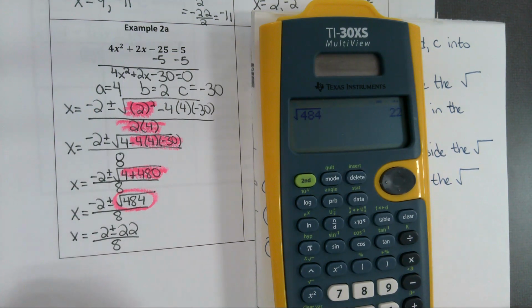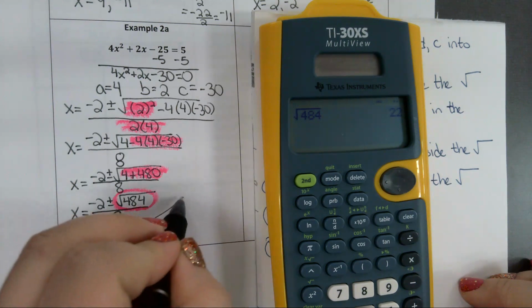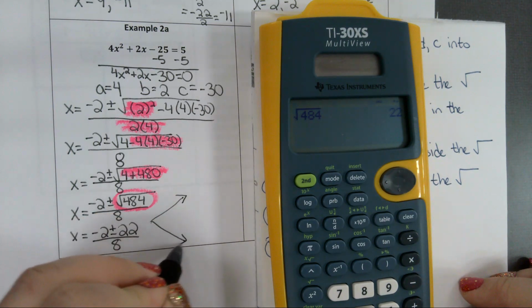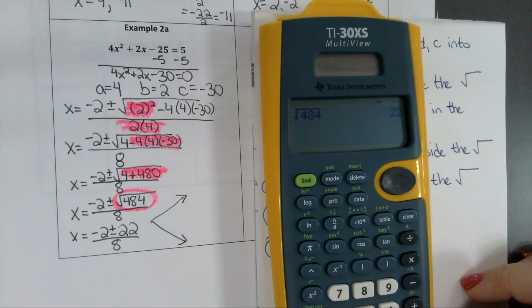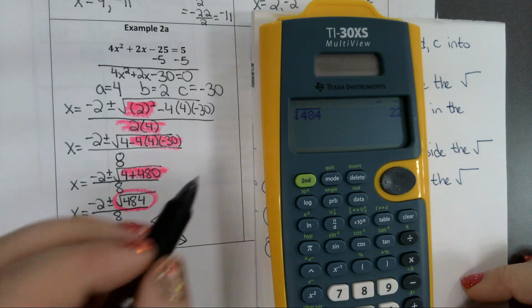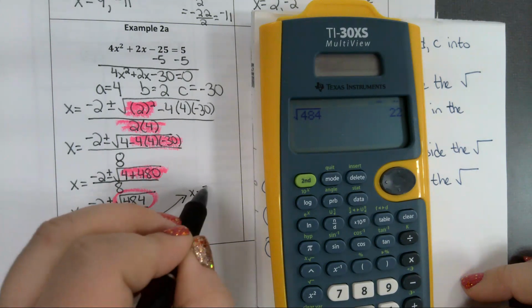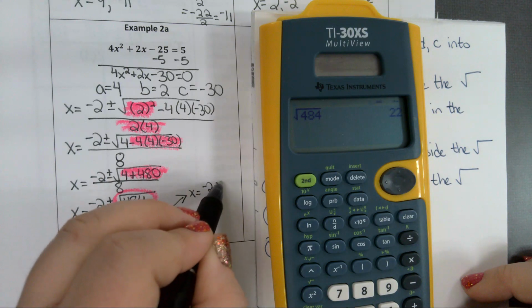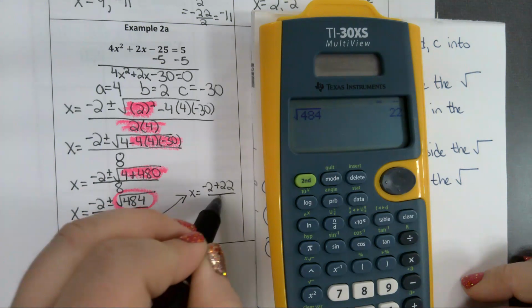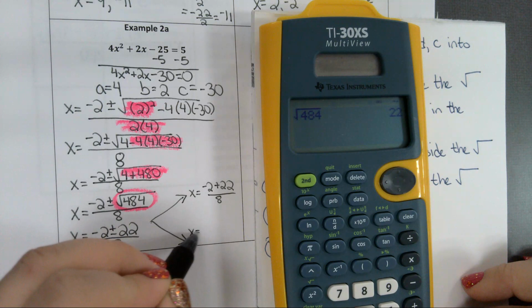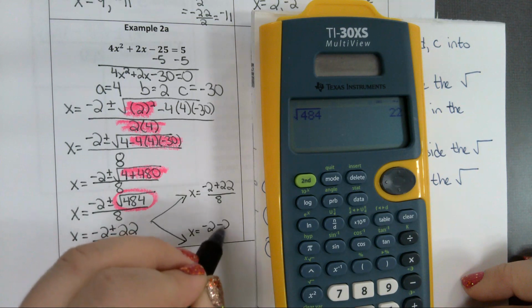And after taking the square root, we're able to split and solve. So we'll have x equal to negative 2 plus 22 over 8, and x is equal to negative 2 minus 22 over 8.